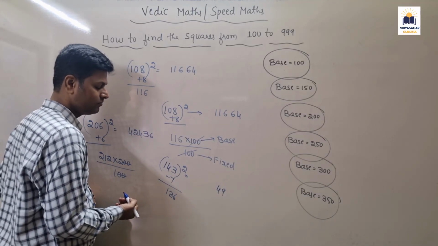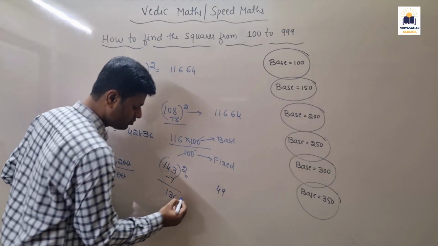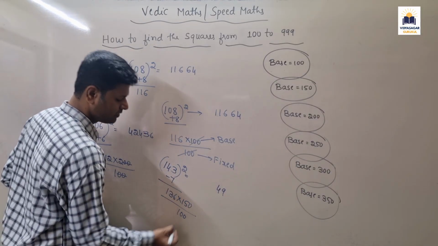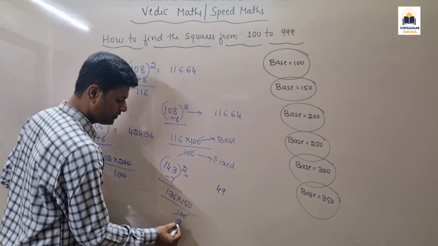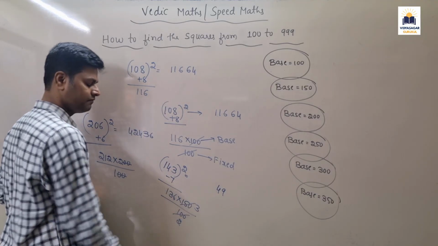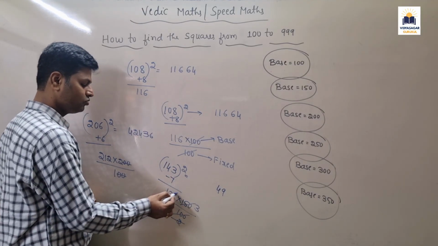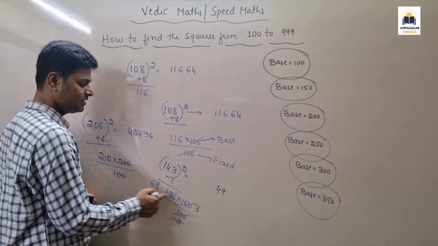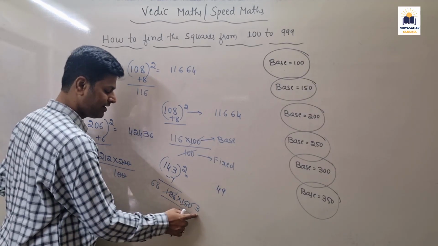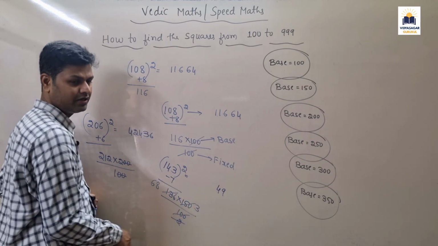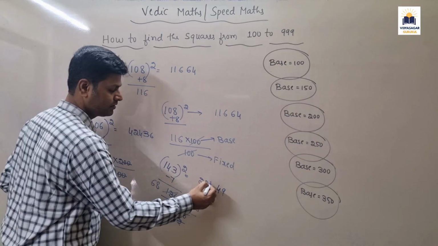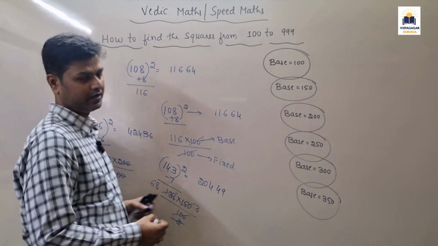Now, since I have taken base 150, divided by always 100, 50s are 5, 3s are, you can write it, 2 1s are 2, 68 times, so 68 into 3. 68 into 3 is what? 60 into 3 is 180, 8 into 3 is 24, so total is 204. So your answer is 20449.